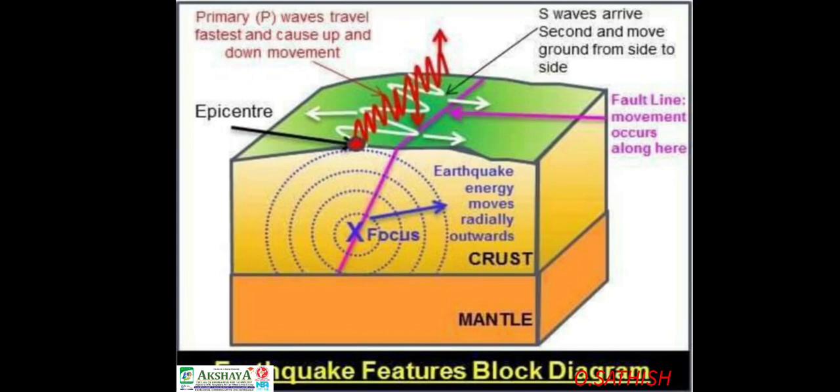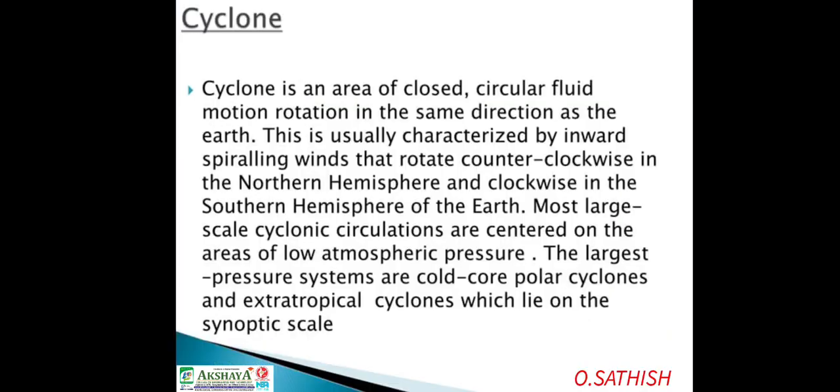Now we are seeing about cyclone. Cyclone is a more intense and frequent tropical storm with stronger wind and heavy rainfall, leading to storm surge and widespread destruction. A cyclone is an area of closed circular fluid motion rotating in the same direction as the earth.